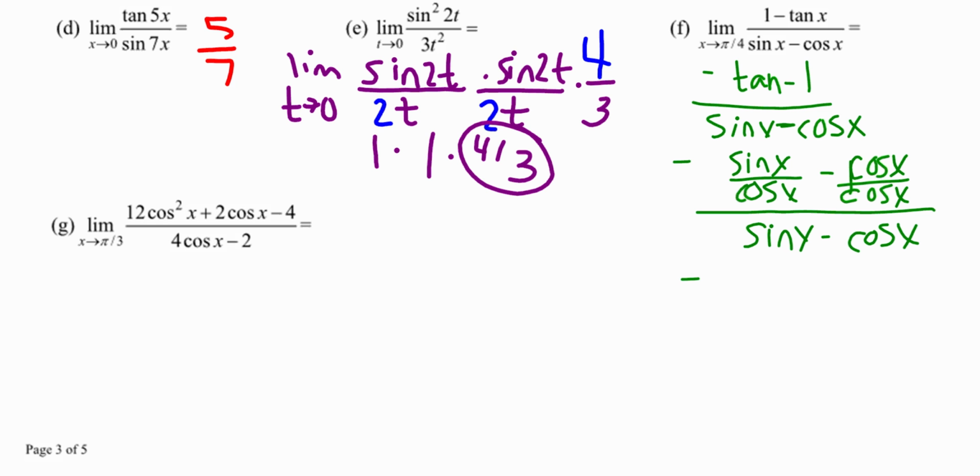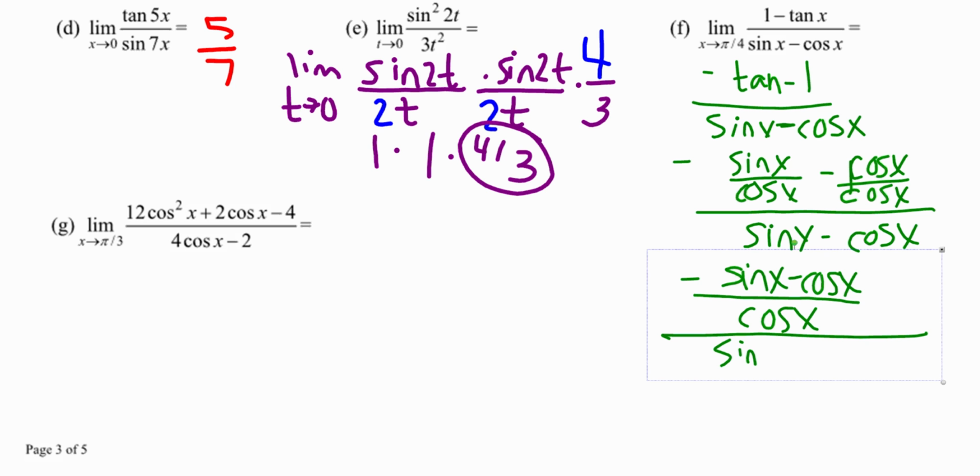Alright, so keeping and simplifying this, I get sine x minus cosine x over cosine x all over sine x minus cosine x.